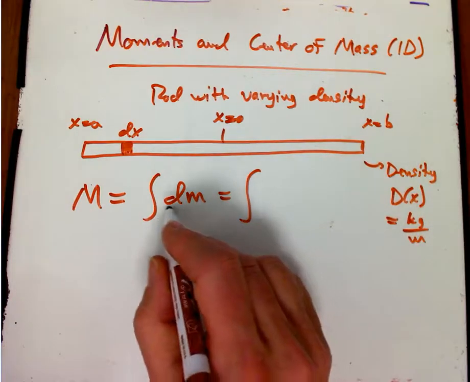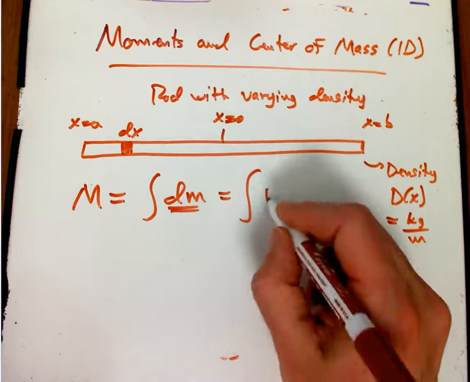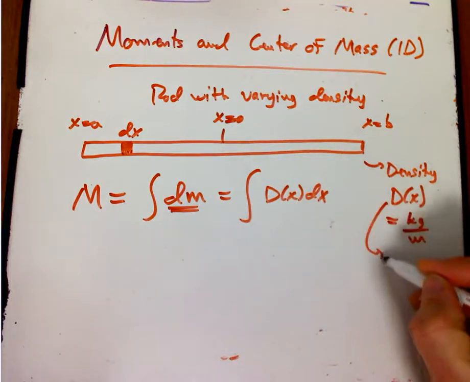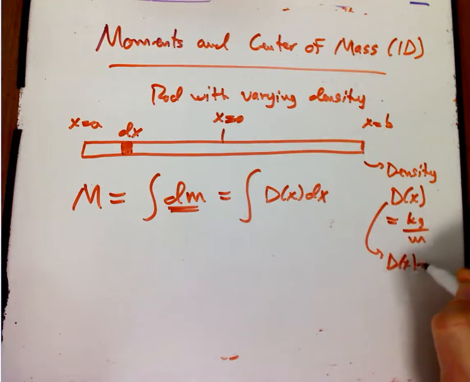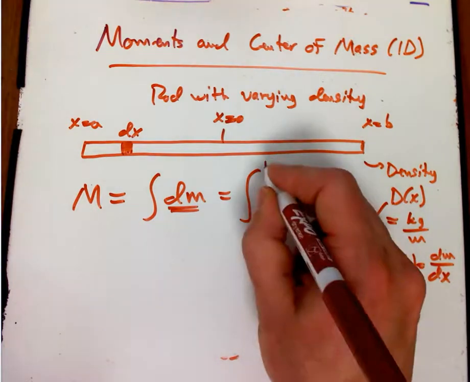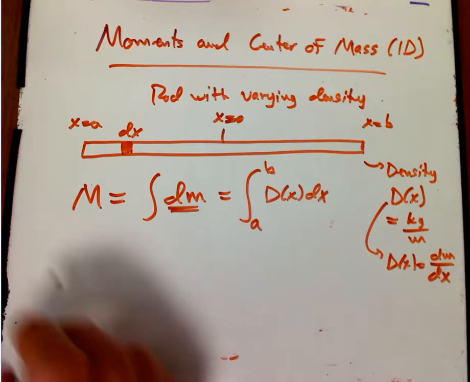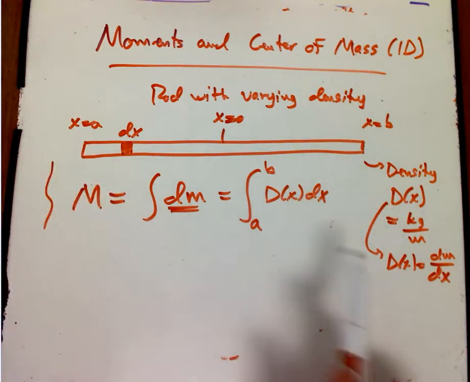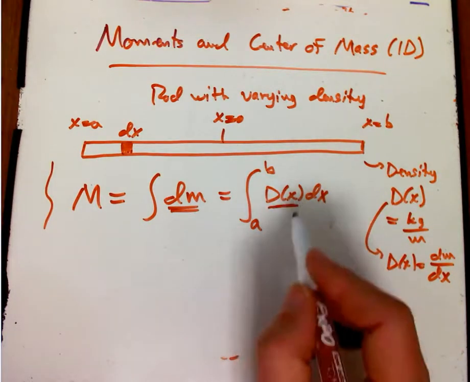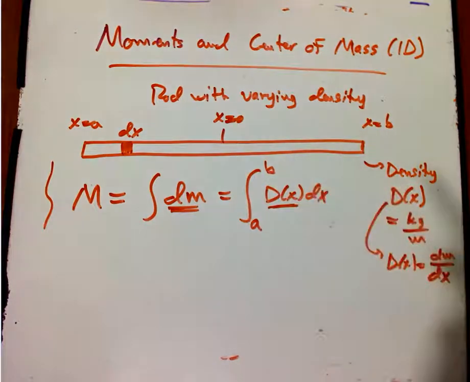Then the mass of this little bit is exactly that density times dx, because density is defined to be how much mass is in a little bit, wherever you are, divided by the length, mass per unit length. And of course it's going to be from a to b. So he talks about this as a wonderful and super important motivating example of integrals in general, that the integral of a variable density function is how you would get the mass.